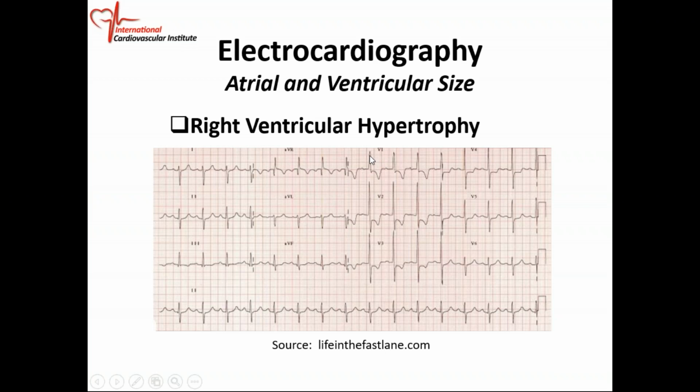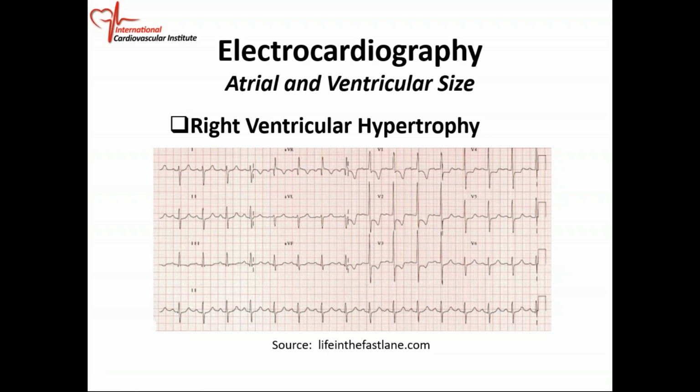So in lead V1 and V2, if you've been looking at EKGs, you know that it is not normal to have big R waves. Usually the R wave gradually gets larger and larger when you move across the chest. So the R wave in V1 is usually tiny, V2 a little bit bigger, V3 a little bit bigger, V4 bigger. That's a normal thing.